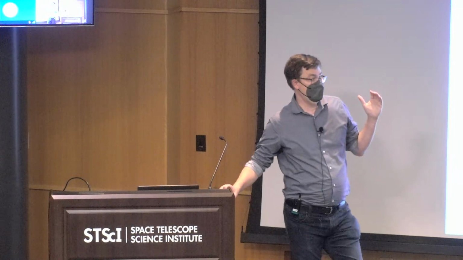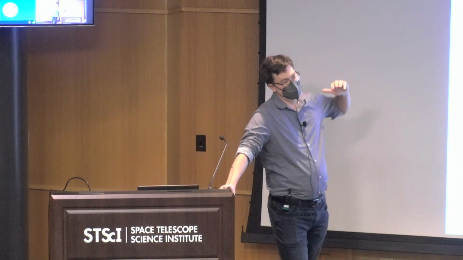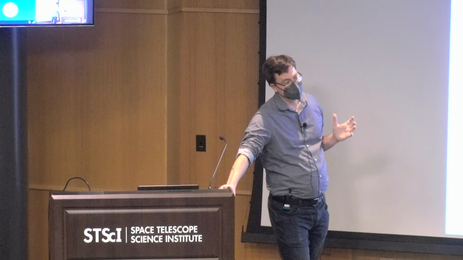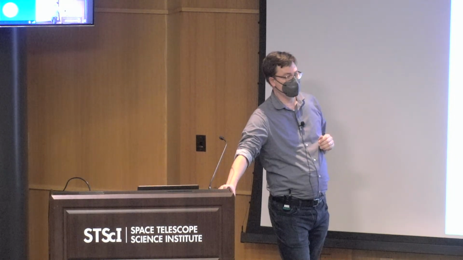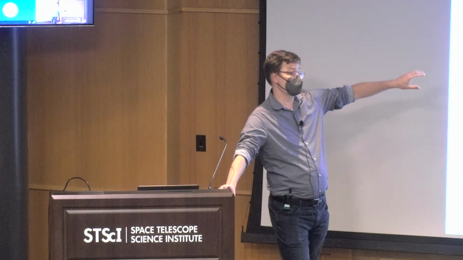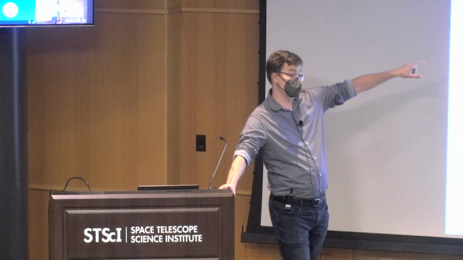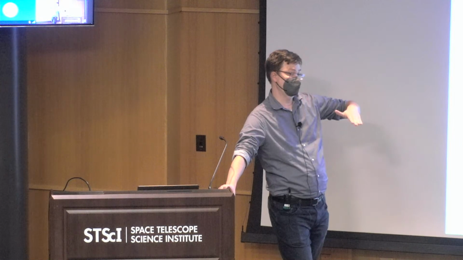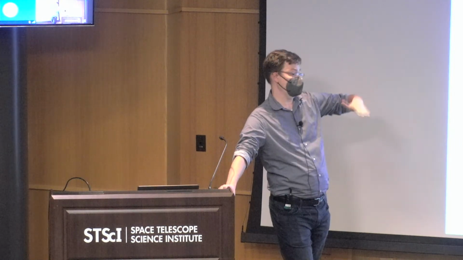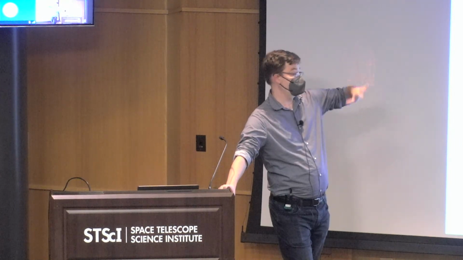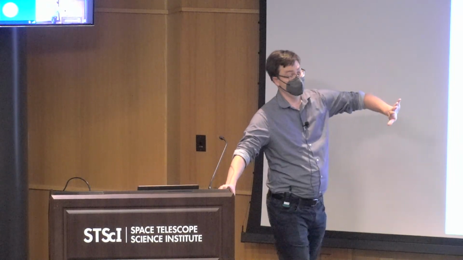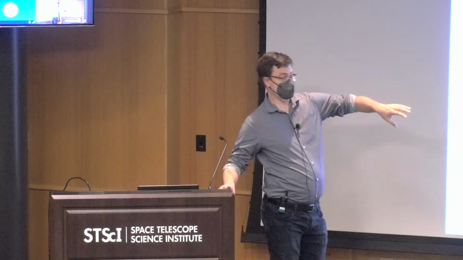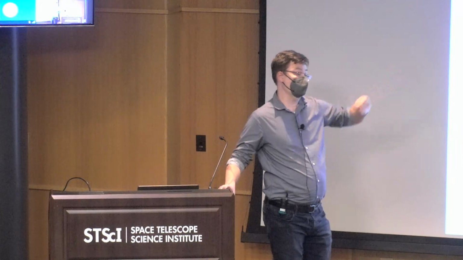Spitzer was primarily sensitive to things that were accreting at a level about 100 to 1,000 times more than that. But with JWST, we should catch almost everything down to that accretion rate. So there should be a whole lot more subtle, very low-level infrared excesses that now should pop up with Webb.